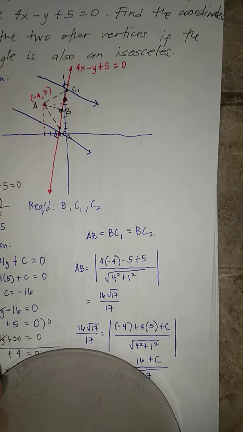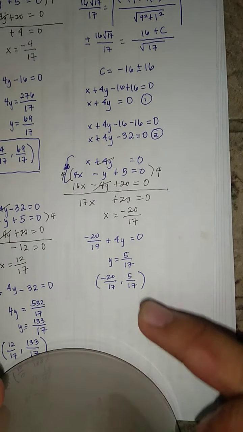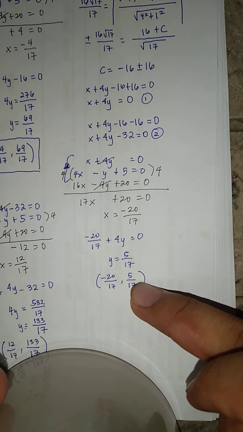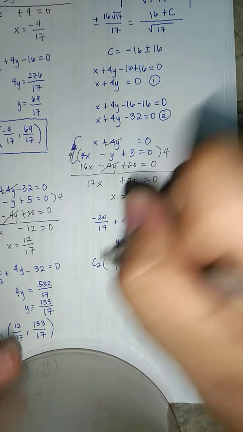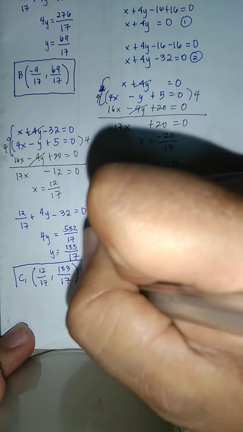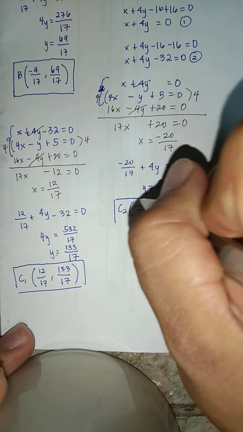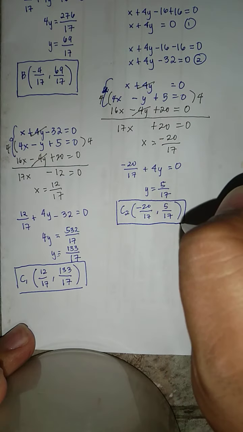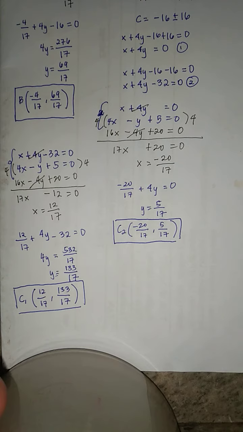And C sub 2 looks like it is in the second quadrant, which corresponds to this one, a negative x and a positive y. So this one is C sub 2. So here is the final answer. C sub 1 is 12 over 17, 133 over 17, and C sub 2 is negative 20 over 17 and 5 over 17. So here are the final answers. Okay, thank you.